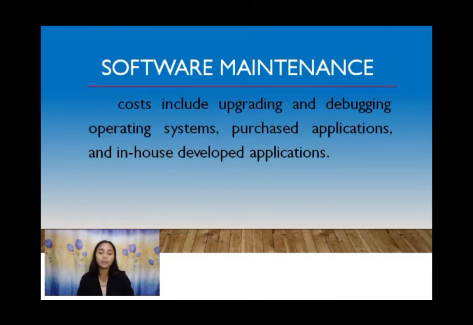Next is the software maintenance. Software maintenance is modifying a software product after delivery to correct faults and improve performance or other attributes. It is a part of the software development lifecycle. Software is a model of the real world, so when the real world changes, the software requires changes too wherever possible.